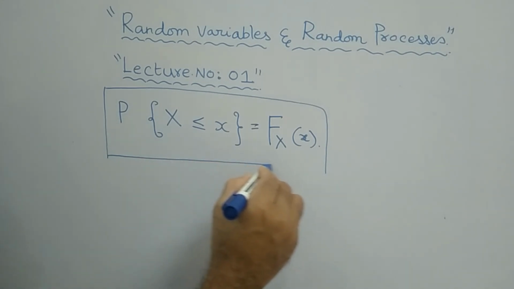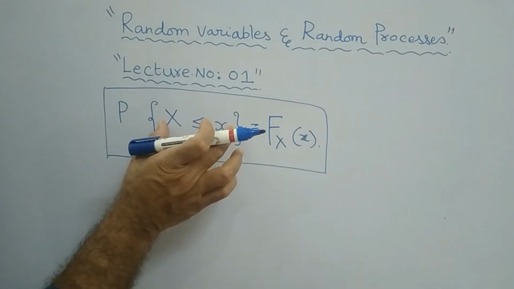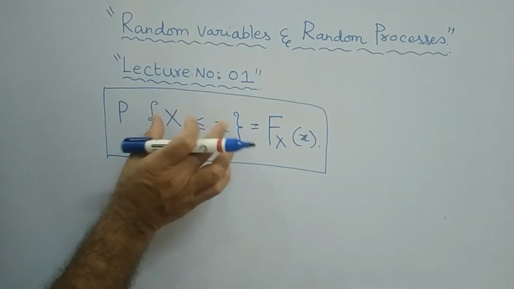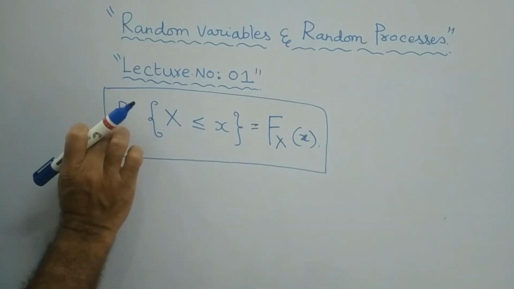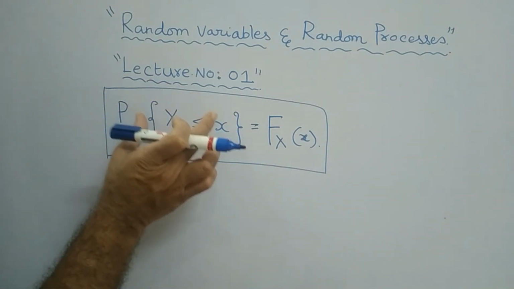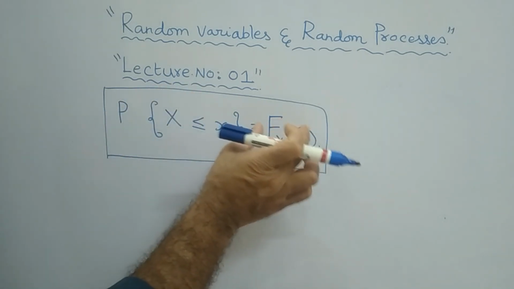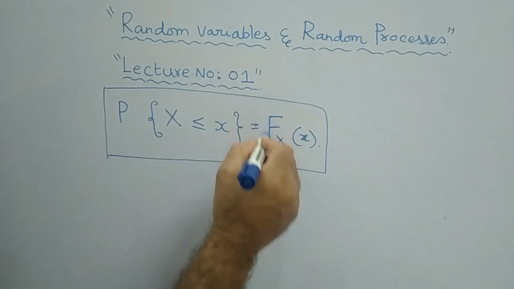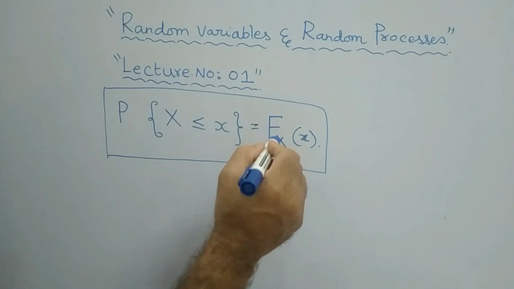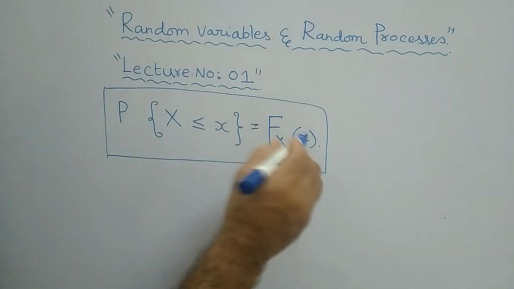So I have defined what an event is, and if you take the probability of this event or function, it is represented by a certain number, capital F suffix capital X in brackets small x.